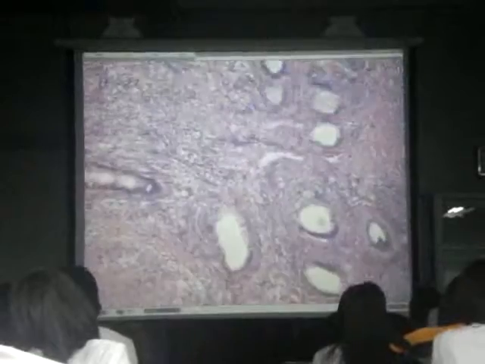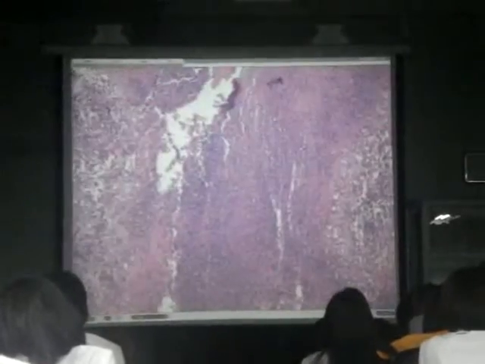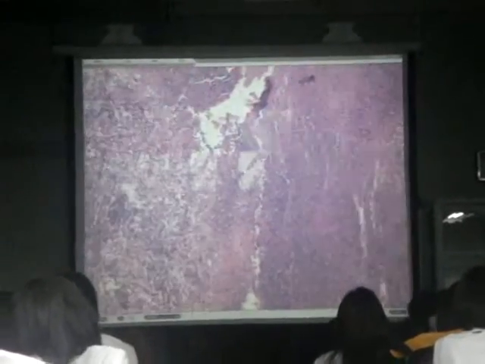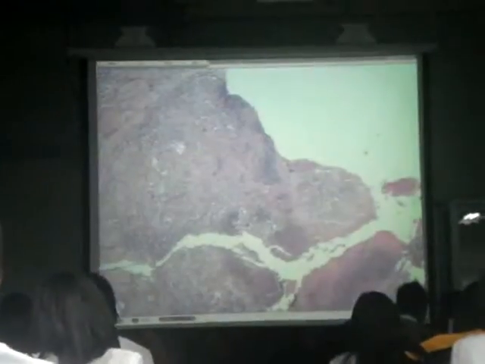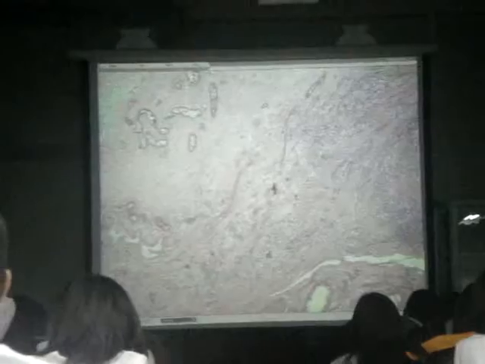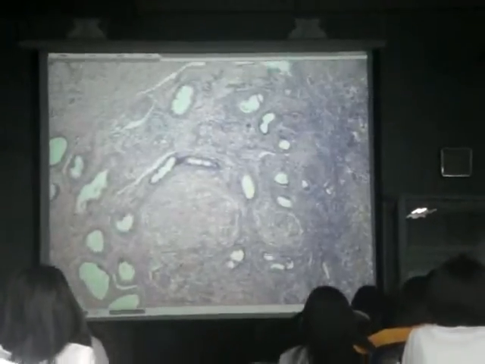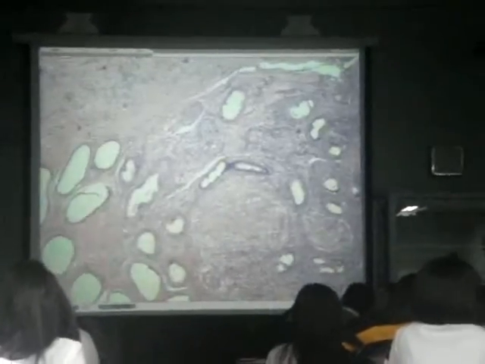Bordering the necrotic areas are structures like this one.